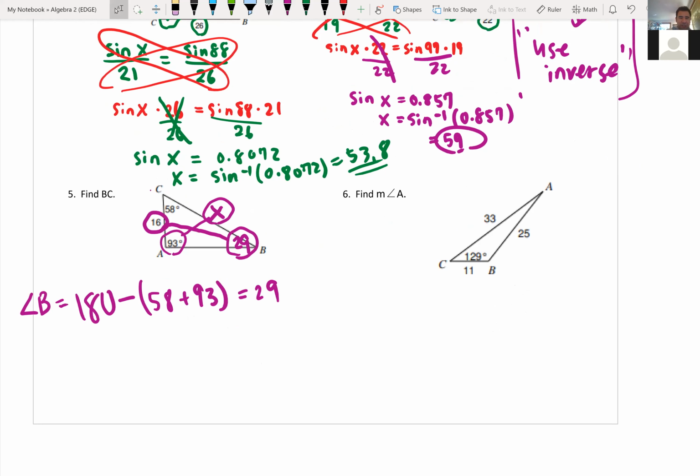All right, we've been working at it for some time, haven't we? Let's try to finish it up. So sine of, let's see, I'm going to start with the 93 degree is to x. Sine of 29 is to 16.